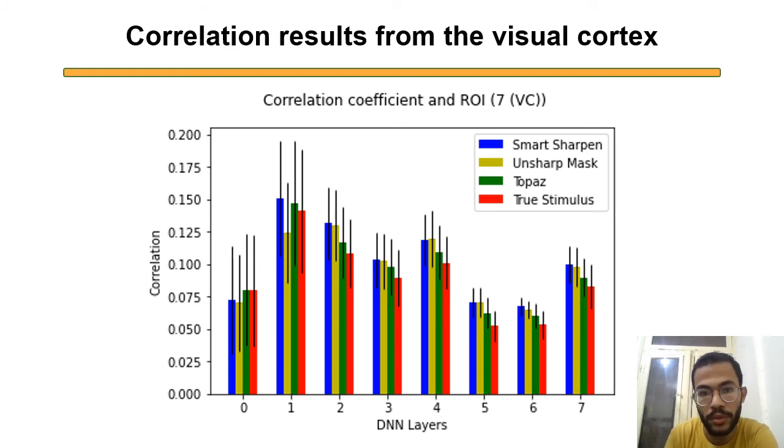Here are the results of the coefficients of the region of interest. We have here in the slide the visual cortex as a whole. We use the three methods here in front of us: the smart sharpening method by Photoshop, the unsharp mask method used by Photoshop sharpening, and the low-pass method also used.